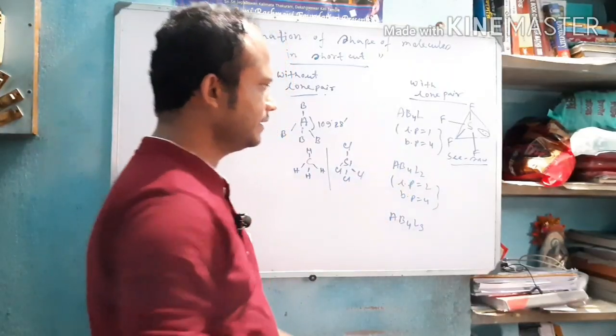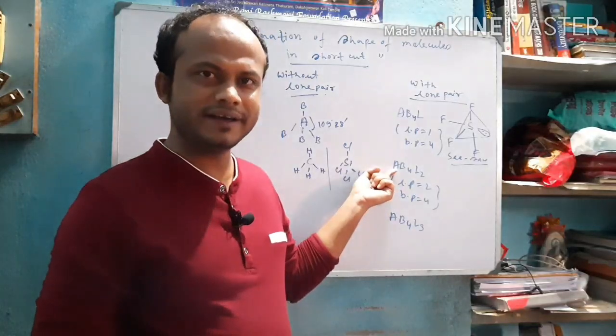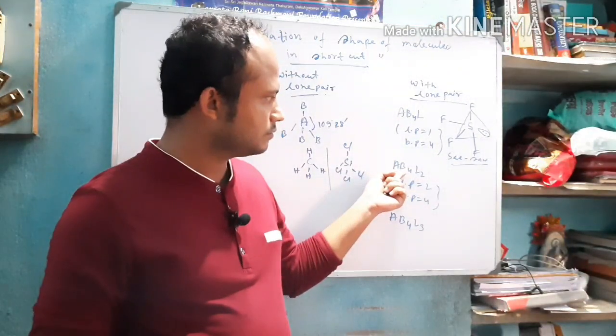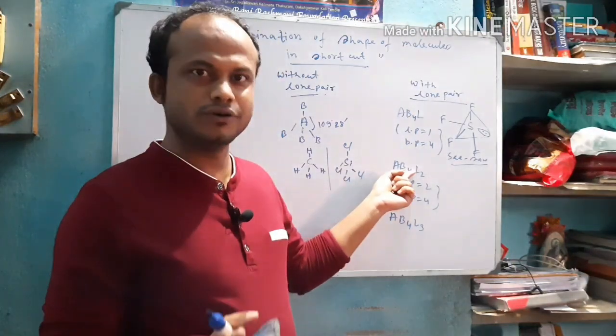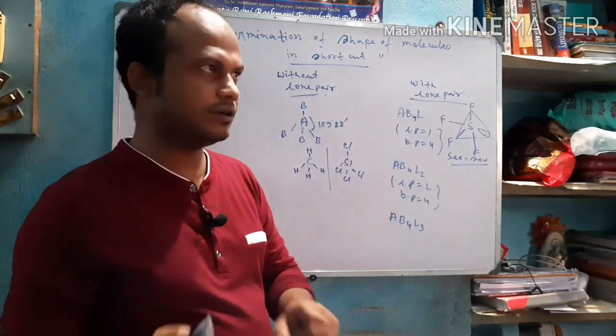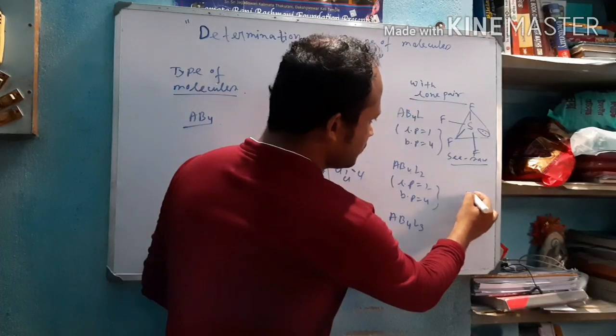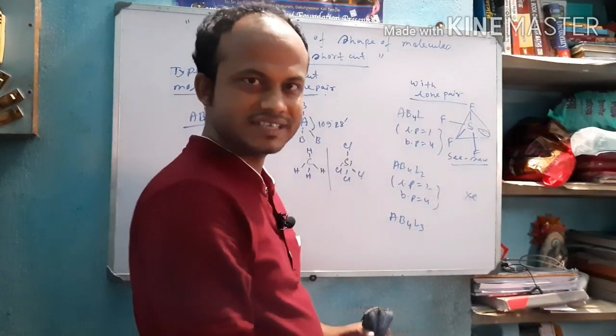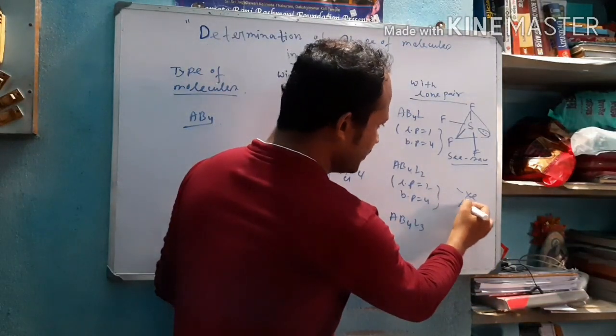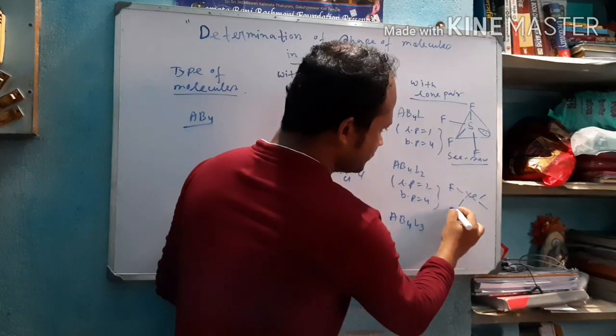What is the last valence shell electron number of A? That is 4. 4 bond pairs is 4, and 2 lone pairs, 2 times 2 is 4, and 4, 8. So this is xenon. Xenon molecules with 4 single bonds or sigma bonds with fluorine like this.